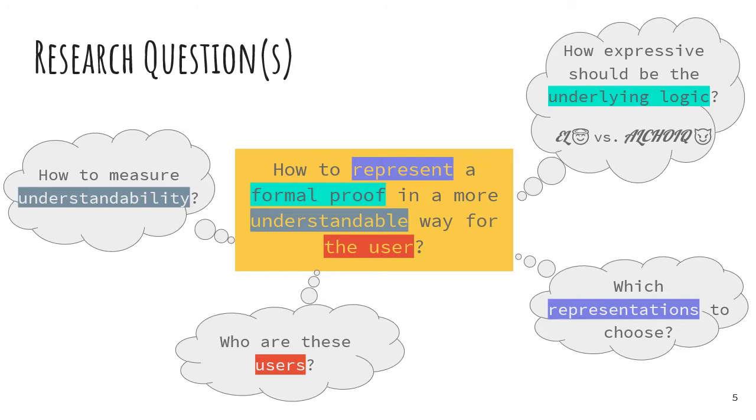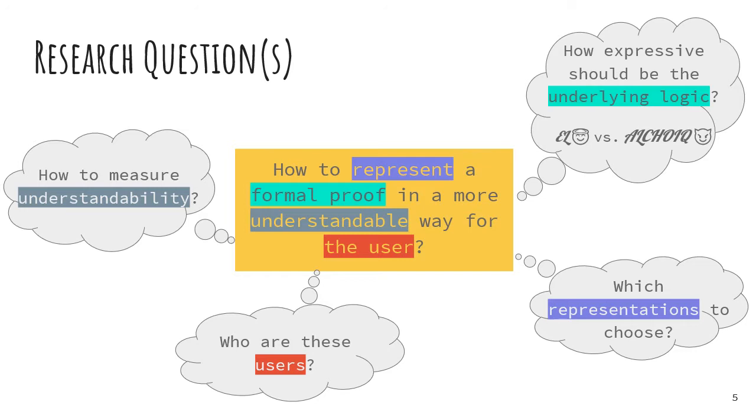For example, we can give different representations, a tree derivation, skipping steps, linearization of a tree derivation, or we can transform axioms into a natural language sentence, and so on.